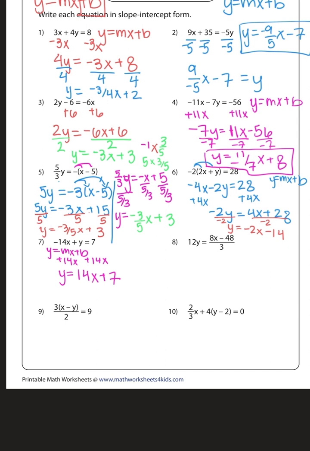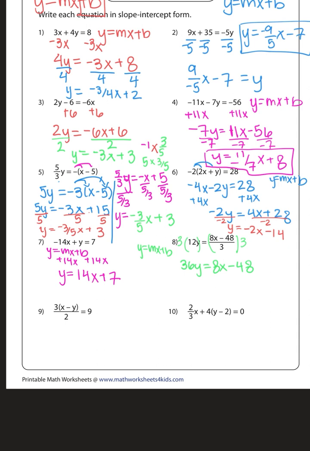Okay, so this next one, I'm going to use the multiplication trick. So we're again wanting to look like y is equal to mx plus b. So we're going to multiply it by 3, just to get rid of that pesky fraction. So we have 36y is equal to 8x minus 48.